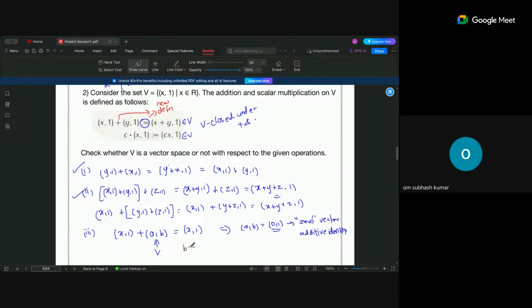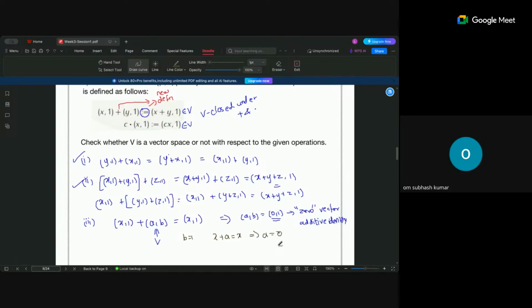So b equals 1 comes from the definition of your set. And then for the first part, it is the usual addition only. So x plus a is equal to x means a should be 0. That's all. Got it?